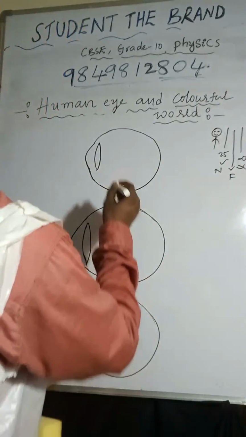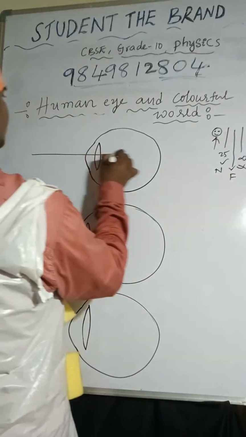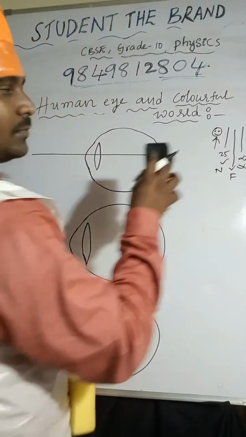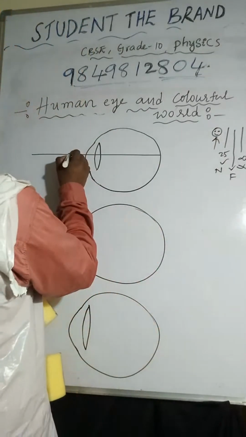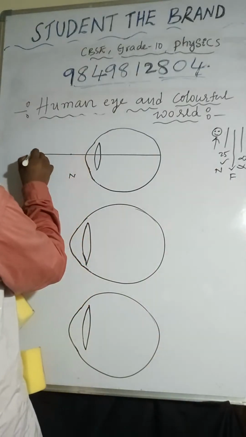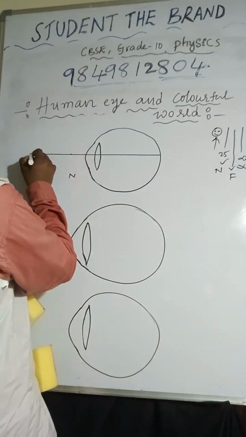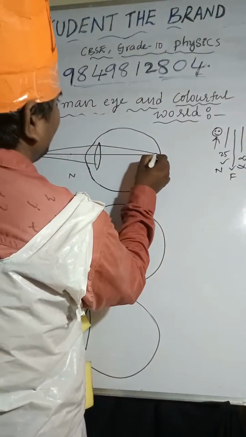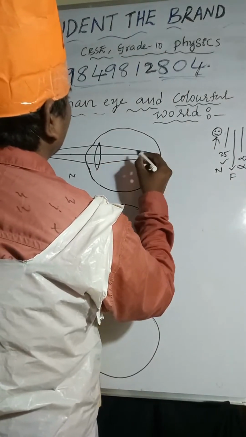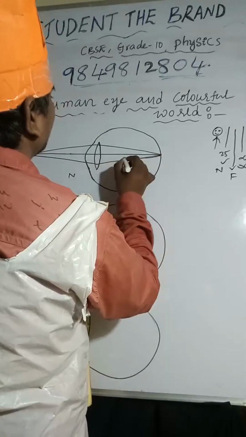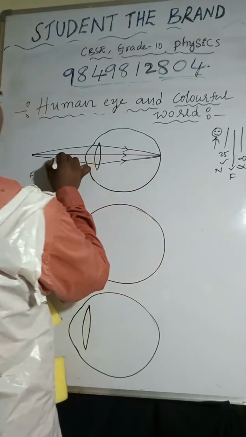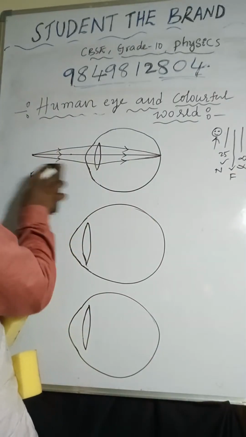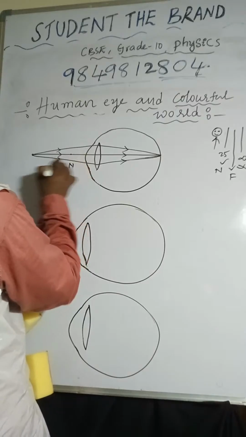Now you can see, this is the near point N, and this one is the far point F. Light rays are coming from the far point. Those light rays will meet at retina, like here. So this is the far point and near point.